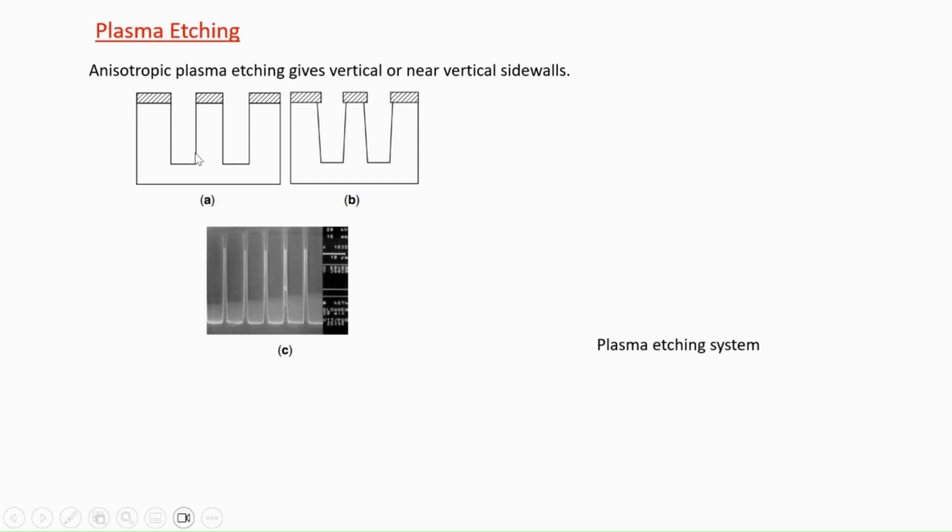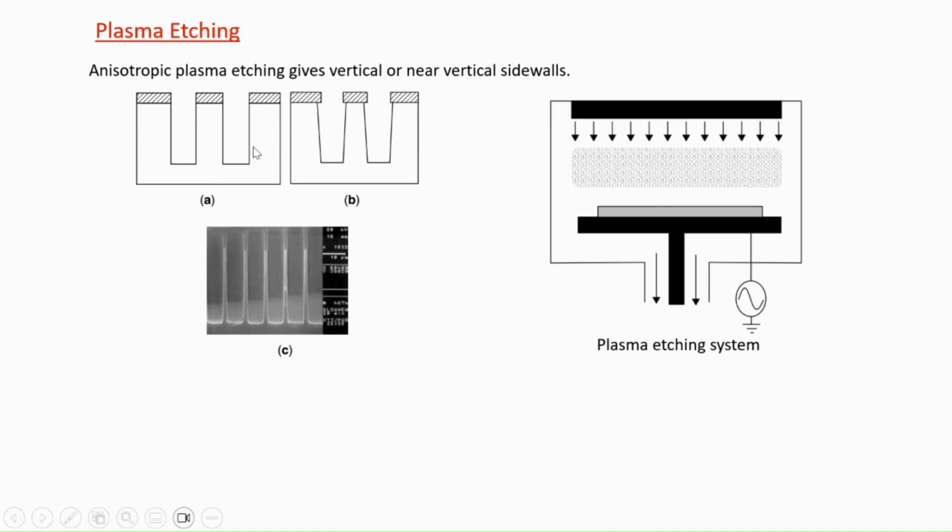The other things, the gas molecules inside, assist in the etching happening. This is a plasma etching system, as you can see. There's a bottom electrode and a top electrode. The substrate is kept on top of the bottom electrode.